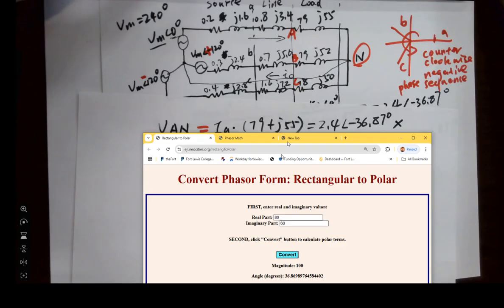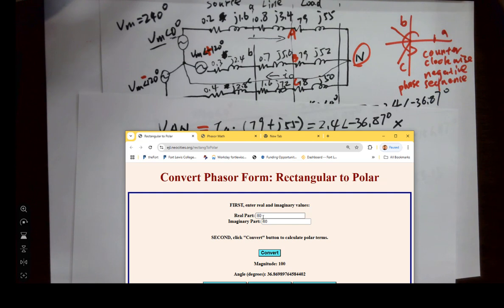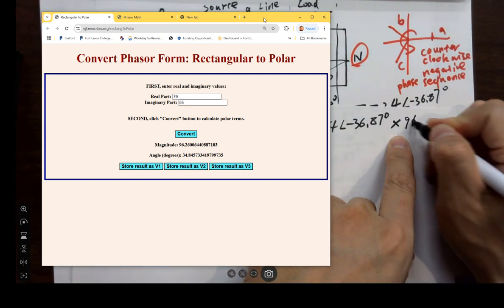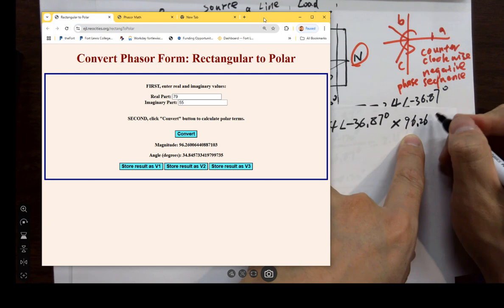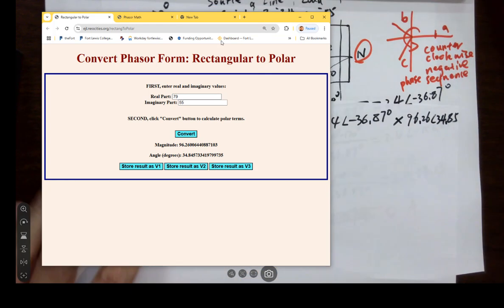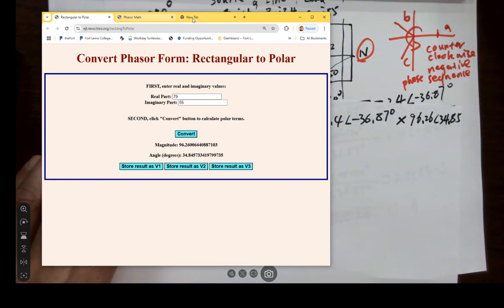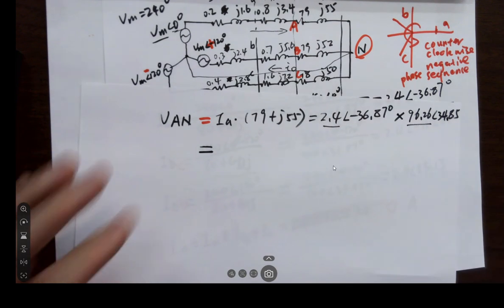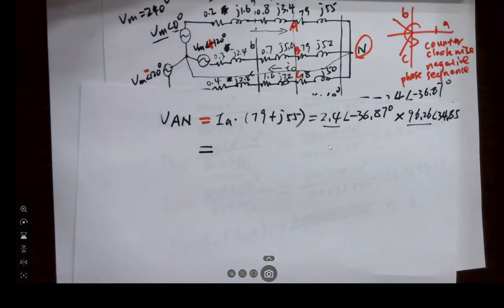Rectangular to phasor conversion. So look at this guy, 79 here, and 55 for the imaginary part. And this is giving us 96.26 with 34.85 degrees. Okay, and this one you multiply the magnitudes and add the angles.